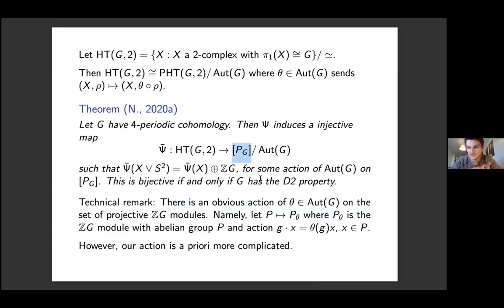You act by this theta, and then you have to pull back by something. And whether or not the thing you need to pull back by is just the trivial thing relates to some open problems in the subject from the 70s and 80s, which haven't been resolved. So that's a weird thing. But it gives you some kind of indication of the richness of these problems.